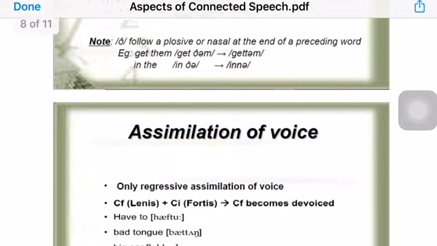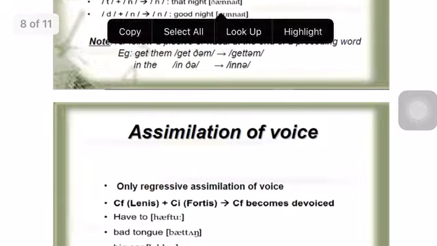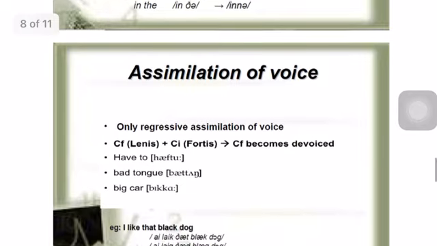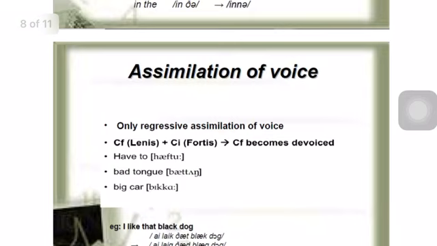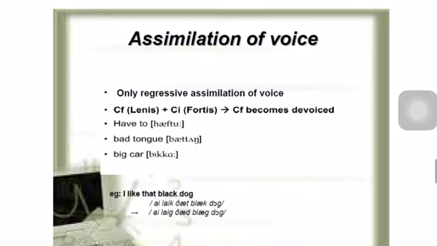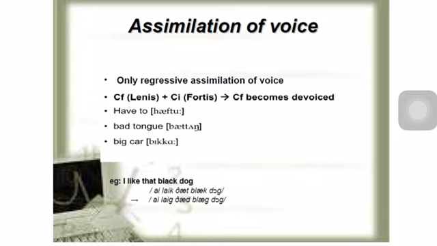The last case, which we're going to talk about in this lecture, is assimilation of voice. And that case is very easy, and it doesn't really require any effort to understand and to memorize an example from. So assimilation of voice is usually regressive assimilation of voice.